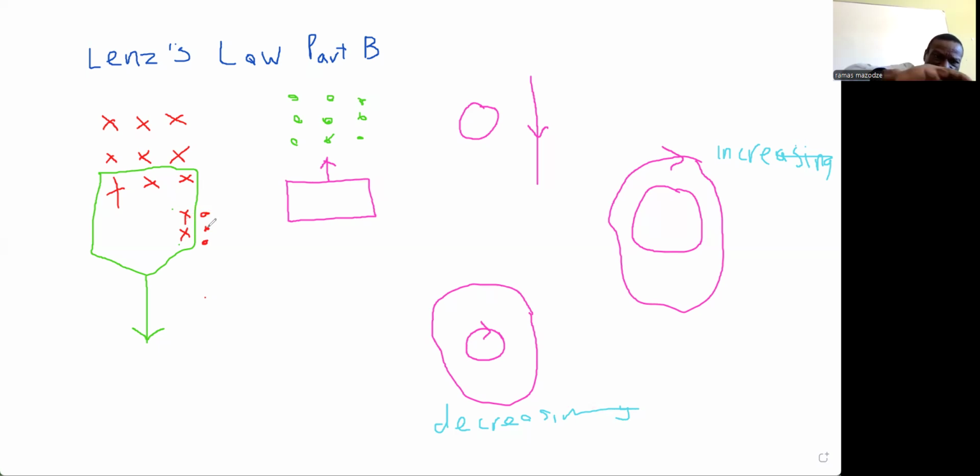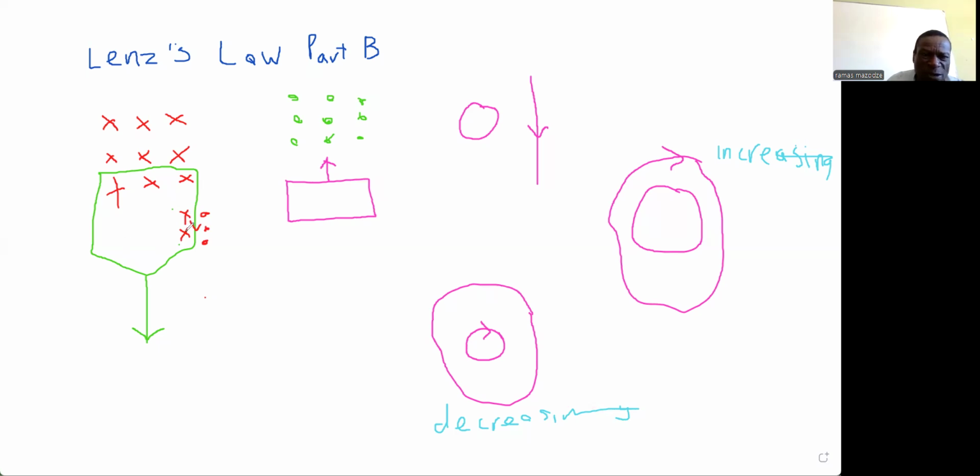If you do that, you see that your thumb will point downwards. I'm sure you know how to use the right hand rule for a current carrying conductor. So the current will be induced in such a way that it will flow down, because the rest of the fingers will enter here and come out here. You can try it for any other section, it will be the same pattern.